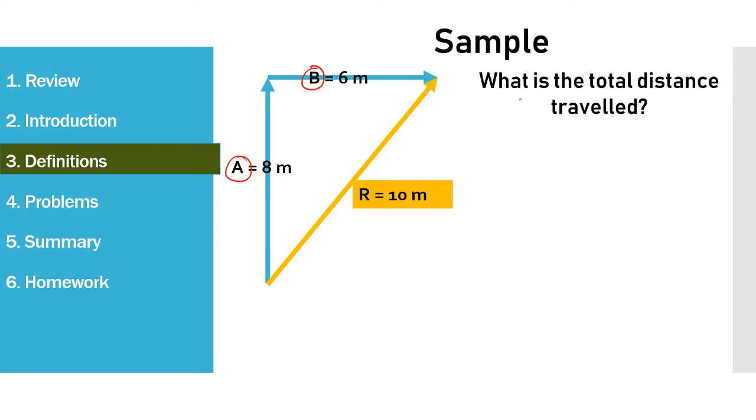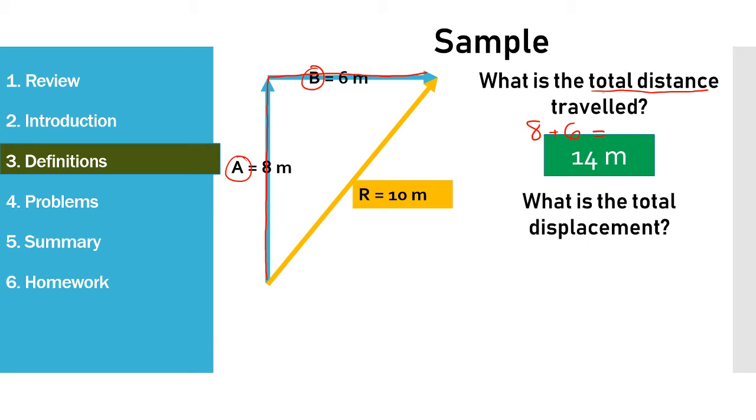Well, if it's distance, you're basically going to add the path that you traveled. The path is this way, 8 meters, and then this way, 6 meters. So that will be 8 plus 6, which gives you 14 meters.